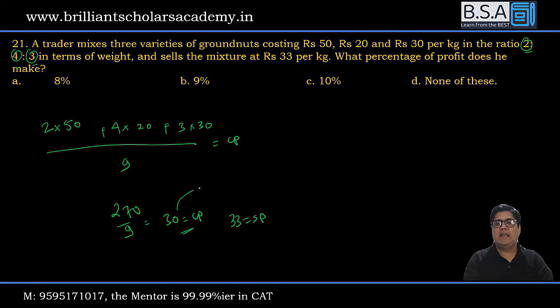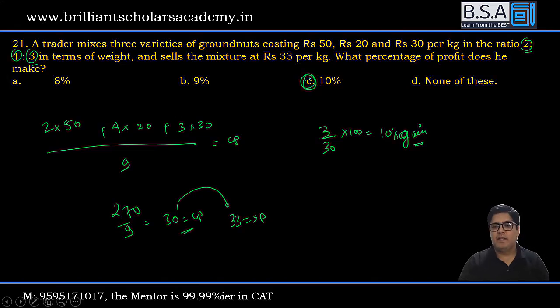What is the gain? The gain is 3 rupees out of 30 into 100, which is 10 percentage gain or 10 percentage profit. That is our answer, option C. Very straightforward, fairly straightforward.